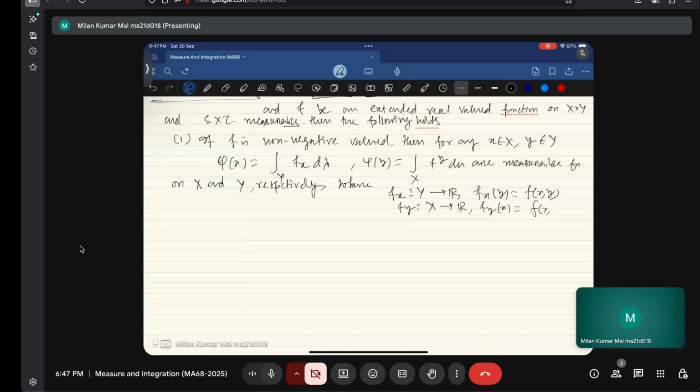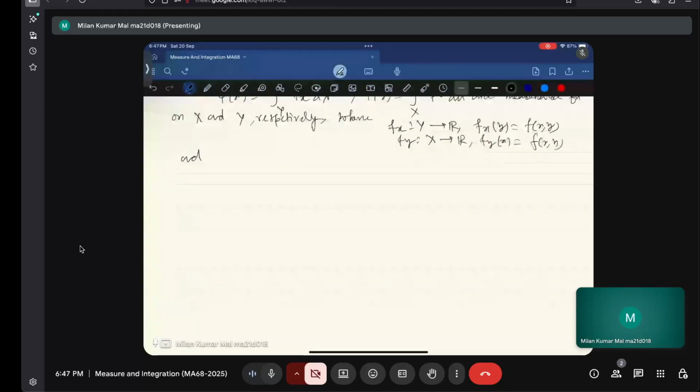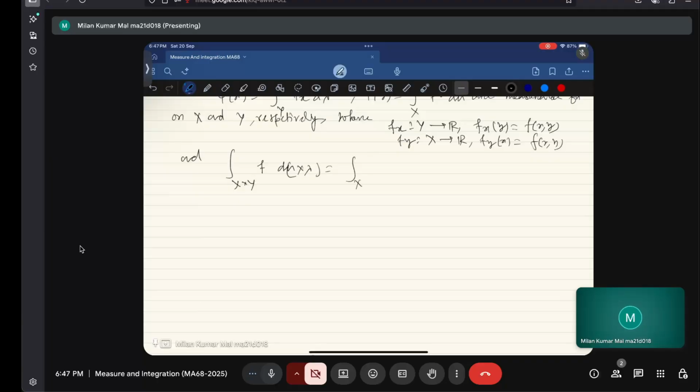Okay, these are the functions, and here is the interesting part. One can interchange these two, and that will be: integral of f d(mu times lambda) is equal to integration over X of phi x d mu, which equals integration over Y of psi y d lambda y.